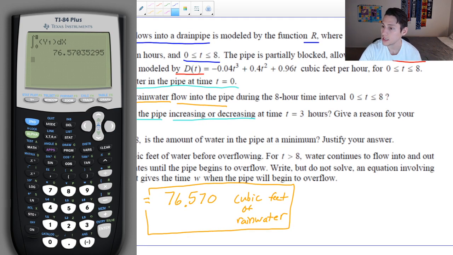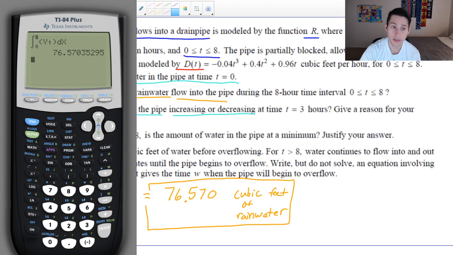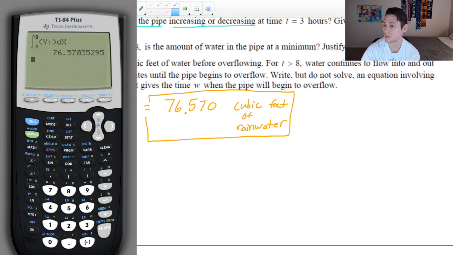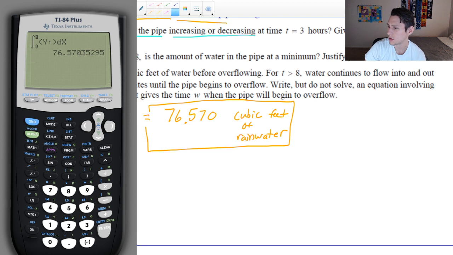Because if the water is leaving faster than the water is coming in, then I know the amount of water in the pipe is decreasing. But if the water is leaving slower than the water that's coming in, then the water in the pipe must be increasing. Okay, so we just need to compare R of 3 compared to D of 3.